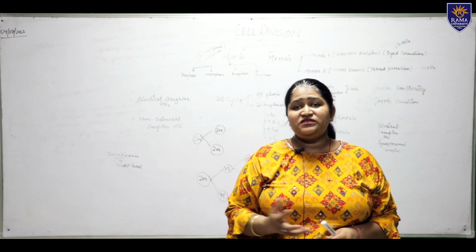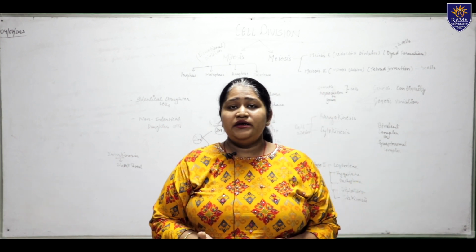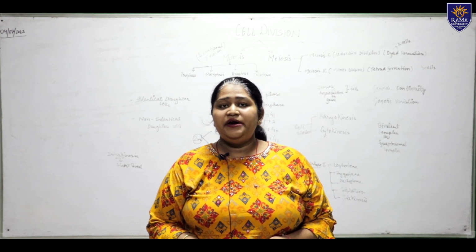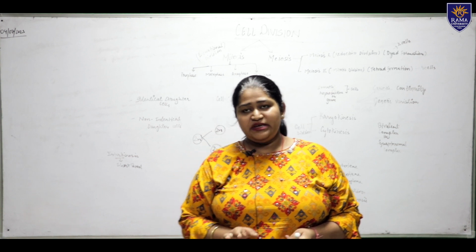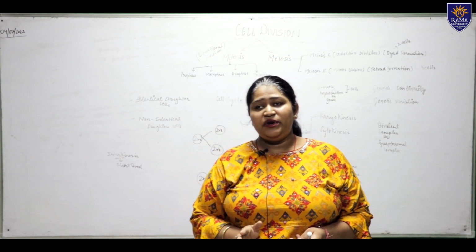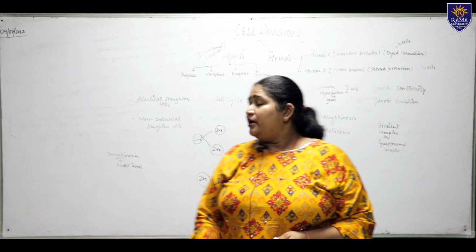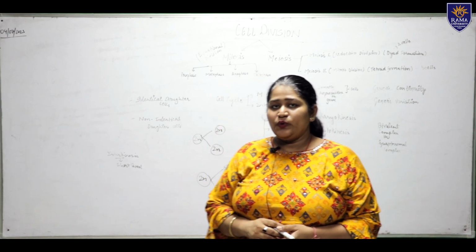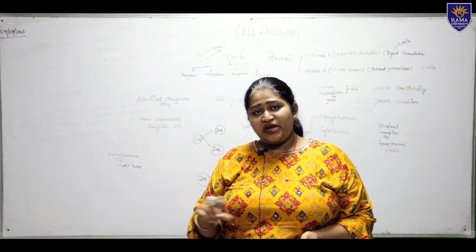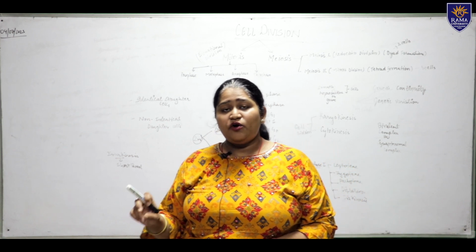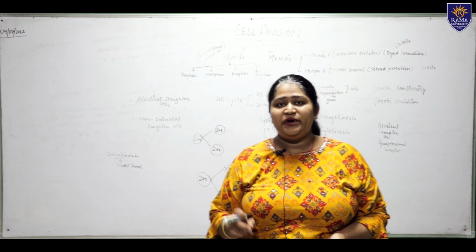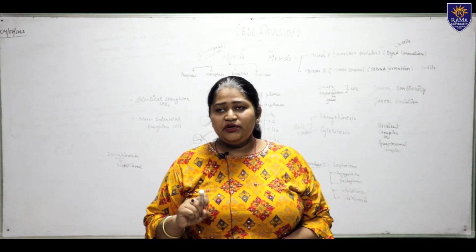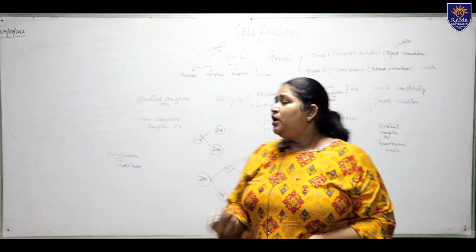In prophase, there is condensation of DNA material into chromosomes, and the nuclear membrane starts to disintegrate. In metaphase, the condensed chromosomes are arranged at the metaphasal plate, or the equator of the cell, through spindle fibers attached to the centrosome.